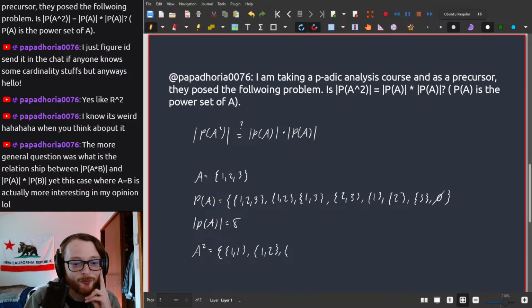Okay, man, A squared is a lot of things to write out. Wait, I guess it's 9 things. Wait, if it's 9 things, this already isn't working then, right? Because 9 doesn't go into 64.